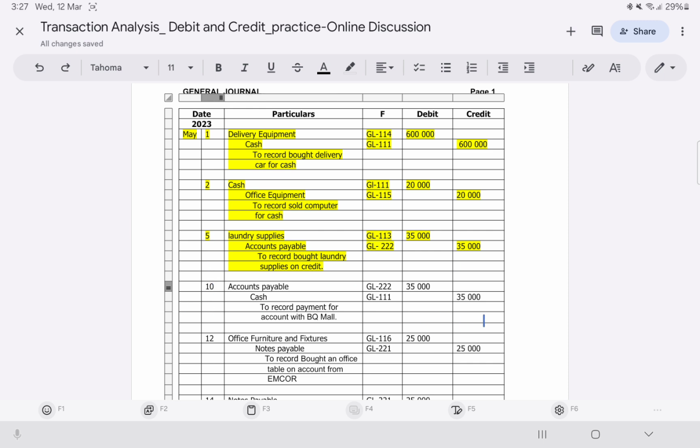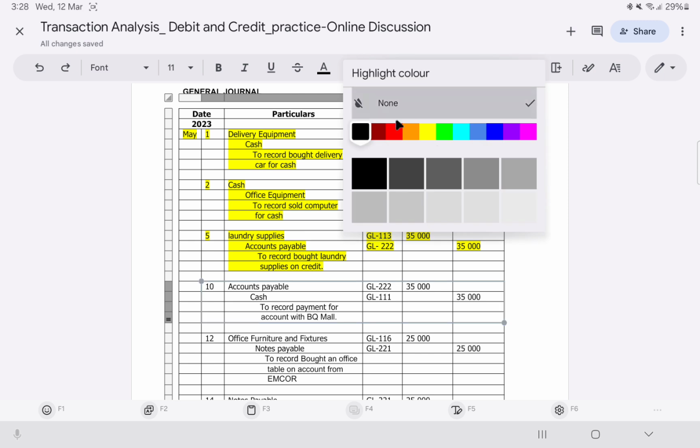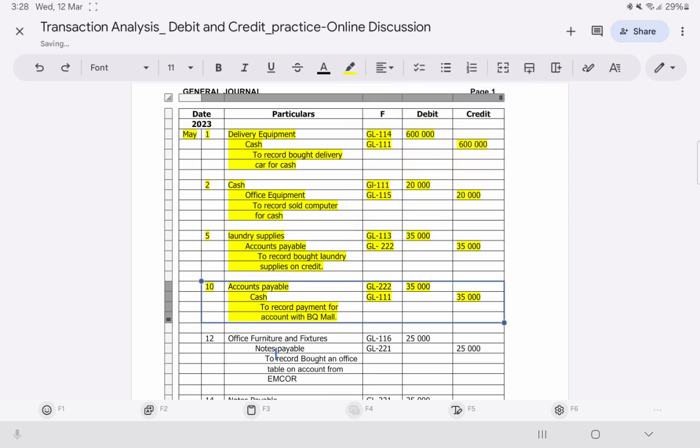We're going to highlight the done transaction. If we are done recording, let's highlight this one for us to be reminded that this is done already, posted already to the ledger.